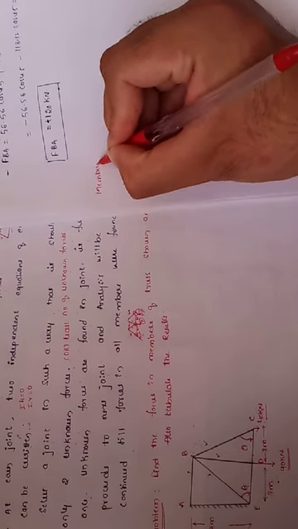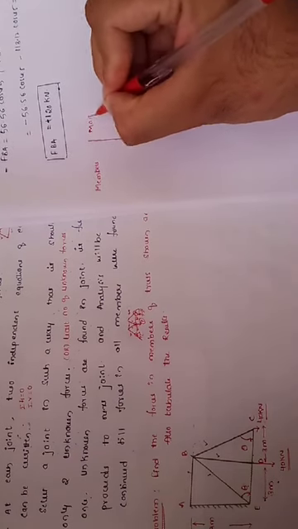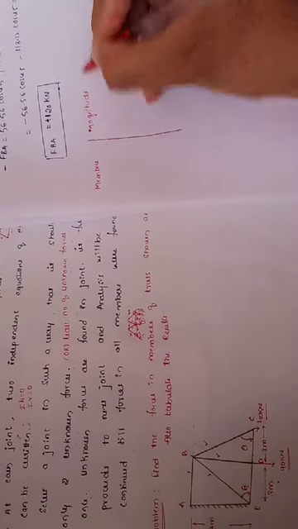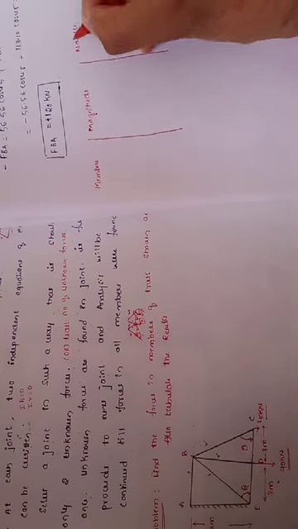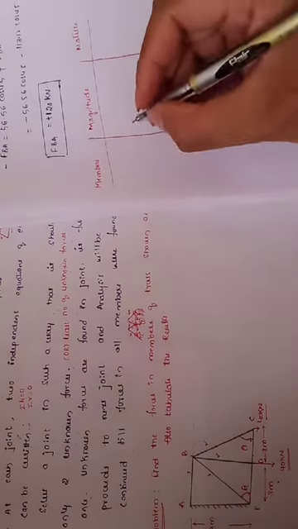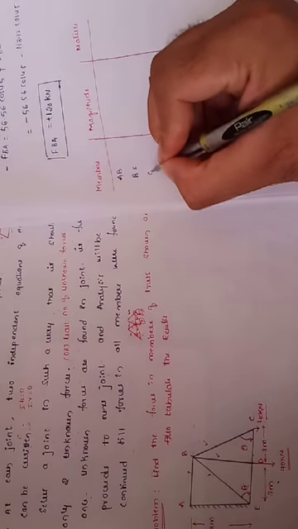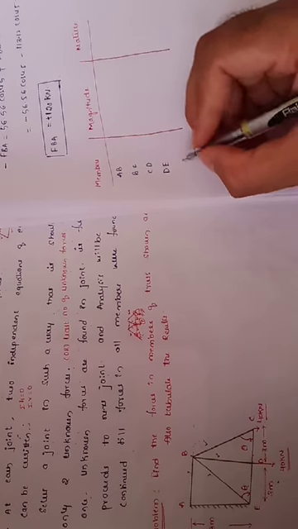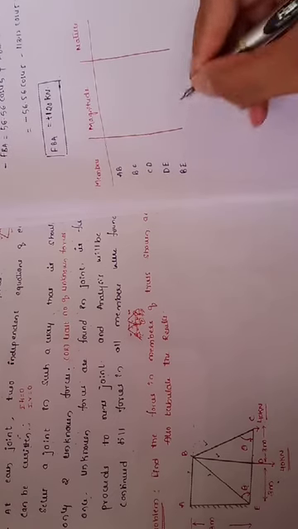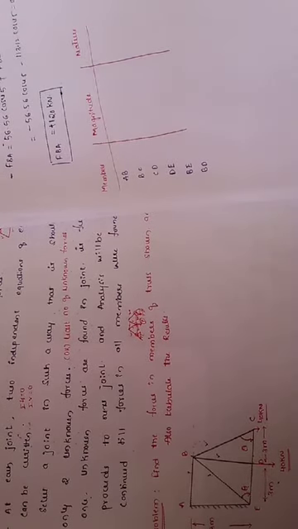Nature means it is a compression or tension. So we have member AB, similarly BC, CD, DE, and similarly BE, and BD. Right?